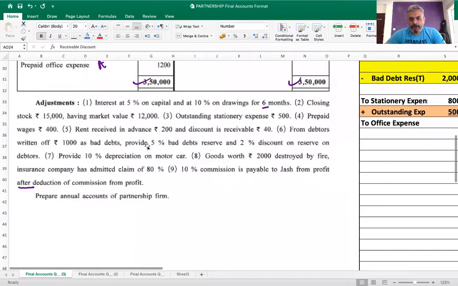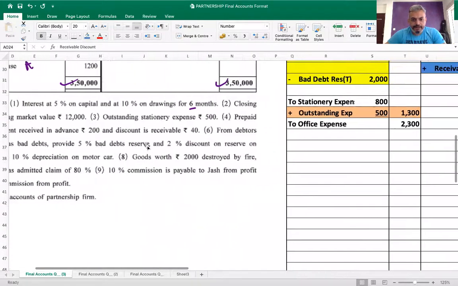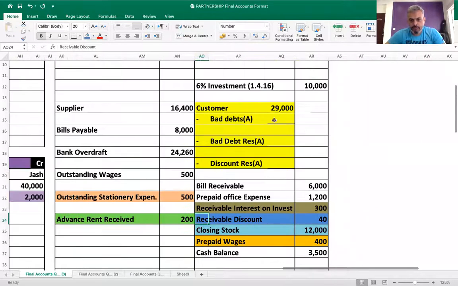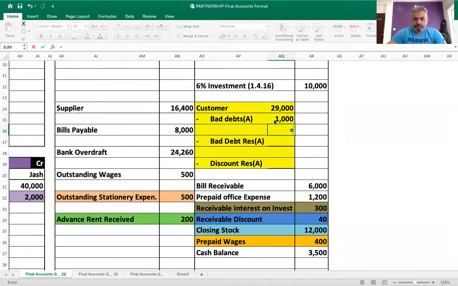From debtors write off 1000 as bad debt, 5% bad debt reserve and 2% discount reserve. So 1000 bad debts we write off. 29,000 minus 1,000, 28,000, 5% is 2,800's half, so 1,400.